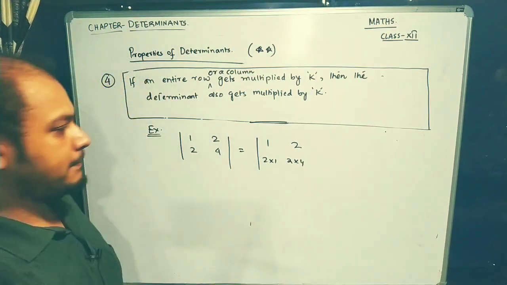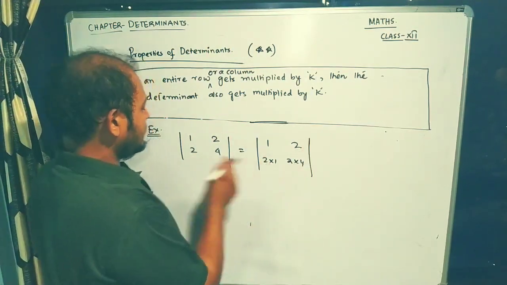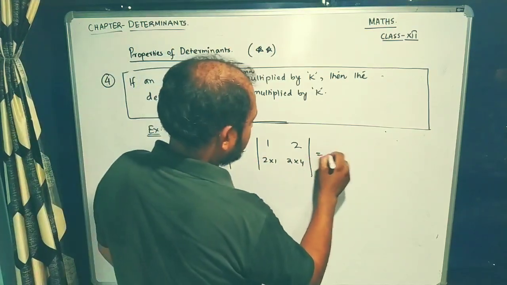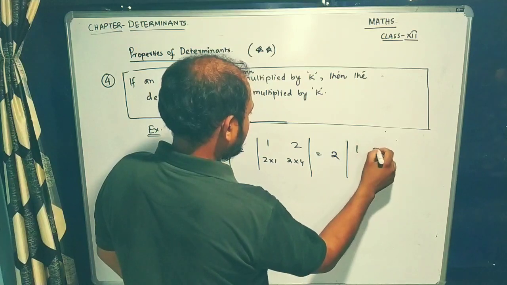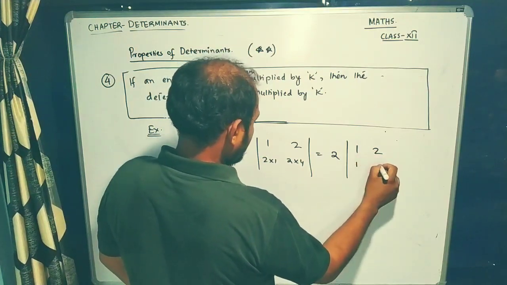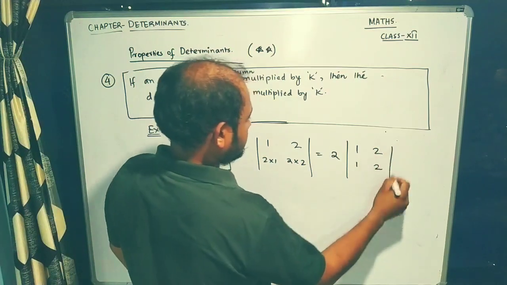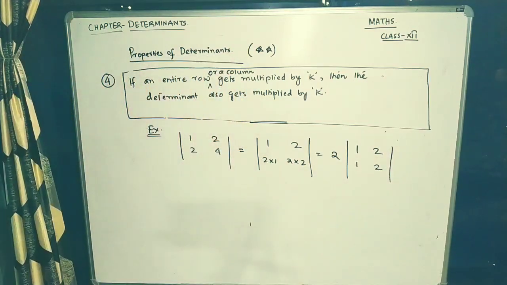So 2 is a common factor of all the elements in row number 2, and I can take 2 outside of this determinant. So I can take this 2 outside of the determinant.